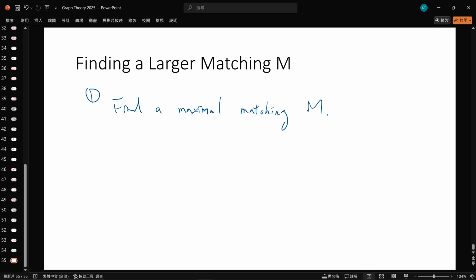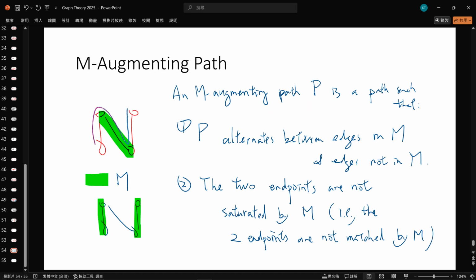For example, this green edge alone is a maximal matching, because after you have this edge in your matching, you cannot add any more edges to the matching. Otherwise, you would share edge endpoints. So this matching M is locally maximum, or maximal.